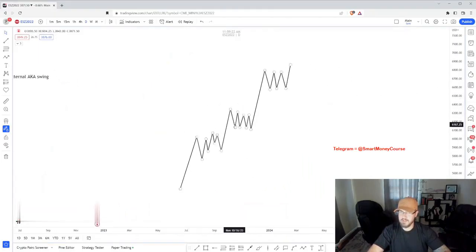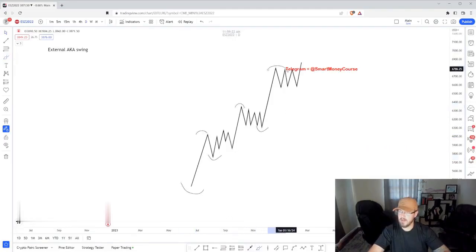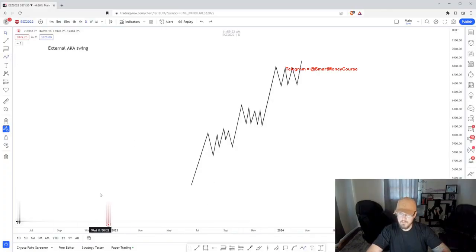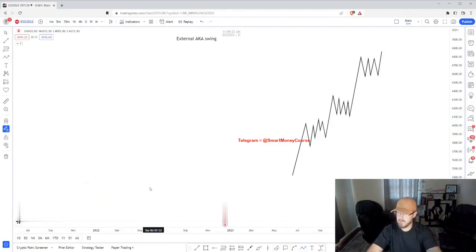If you're just looking at this leg of price, you might say that this is multiple different legs of structure, going from low to high to low to high to low to high. But what if the last leg in structure looks something like this?